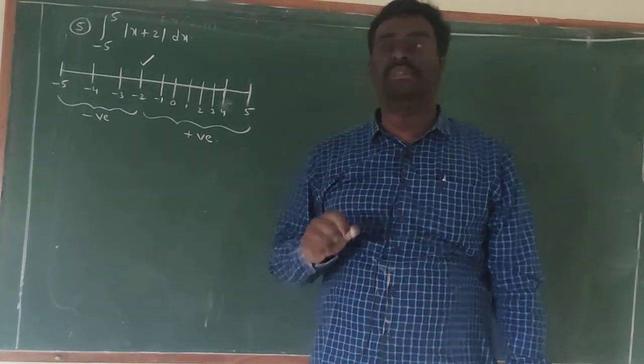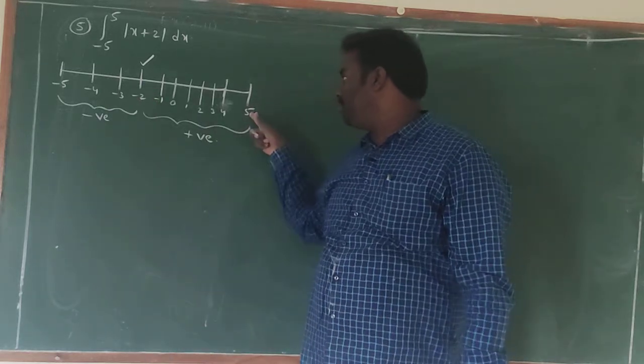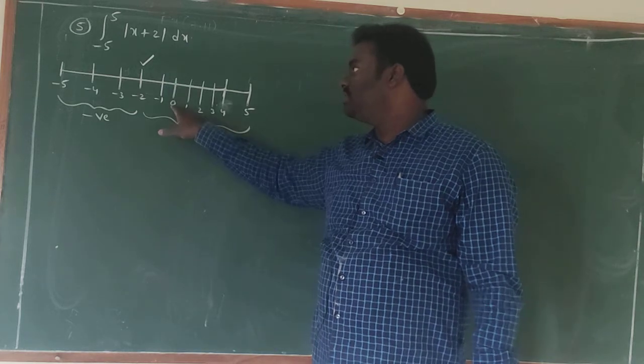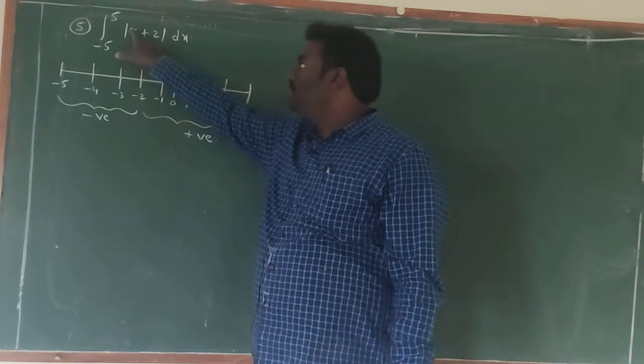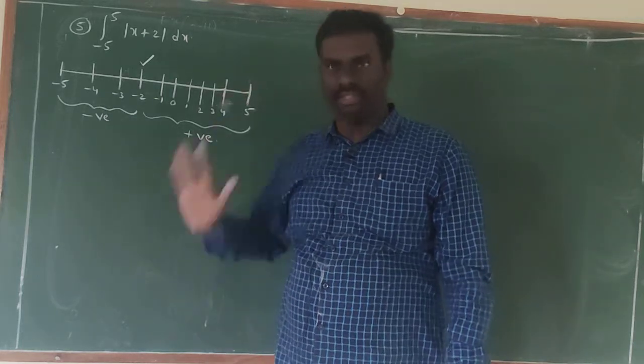Is minus 2 positive or negative? Negative. Similarly, between minus 2 and 5, I am taking 0: 0 plus 2 is 2, which is positive. That's it. Understood?